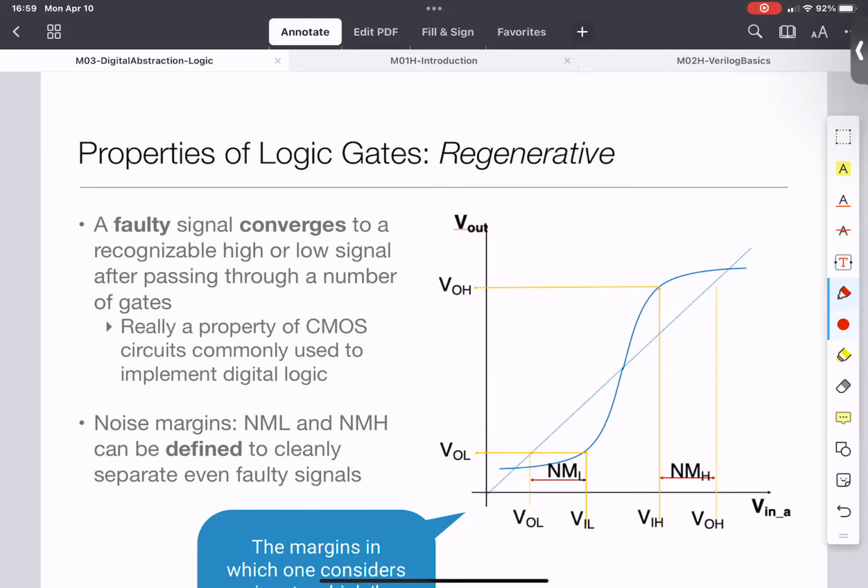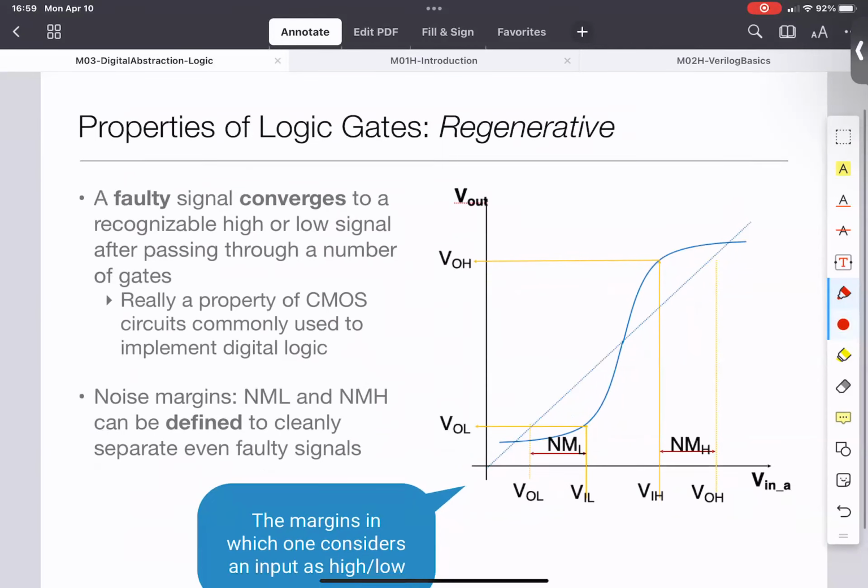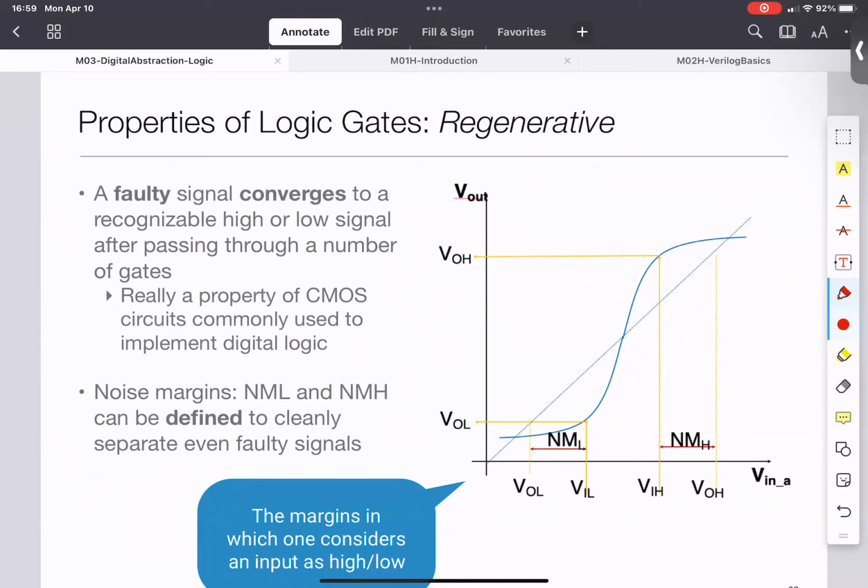Okay, so we already discussed this before, but basically, if my input coming in has voltages which are within the allowed input bands, when I generate the signal, the output is cleaned up and it would comply with a more stringent thing. So we are tolerant to a certain amount of noise margin, right? So it regenerates.